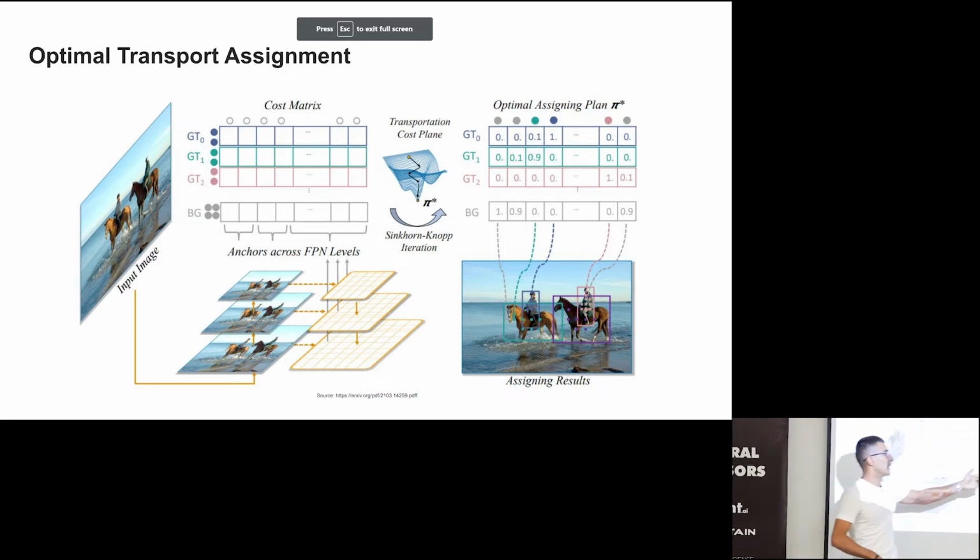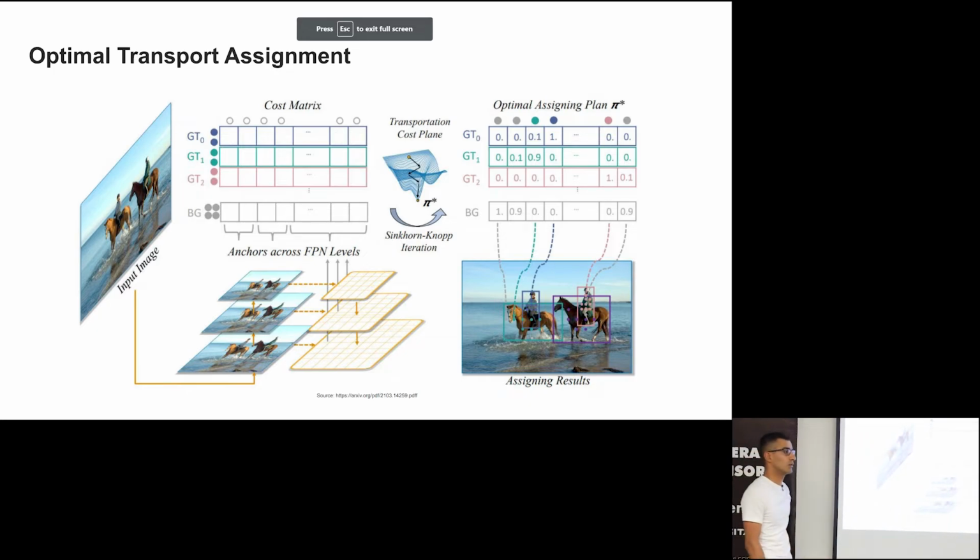They also add a background class in the original paper so that they take it into account during the optimization process. But what was surprising for me in the YOLO paper is that they didn't consider using the backgrounds.